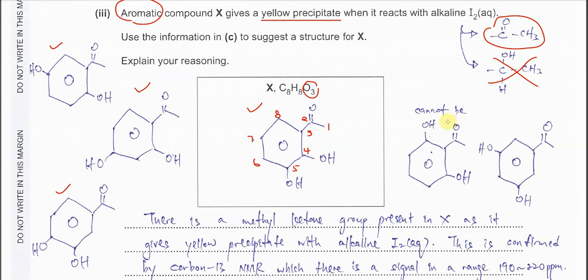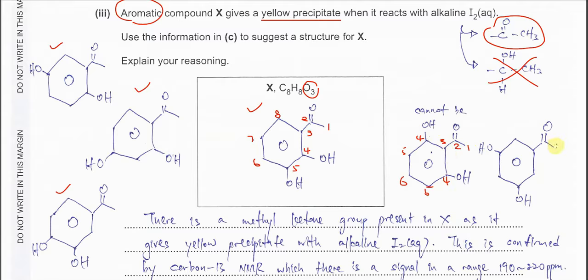Make sure you do not propose these 2 structures. Why? Because they are symmetric structures. Let's count: 1, 2, 3, 4, this one also 4, 5, 6. So this compound will give 6 signals in the carbon NMR.